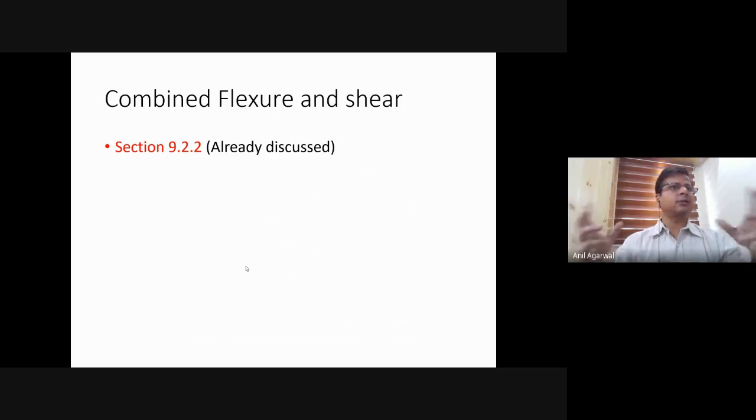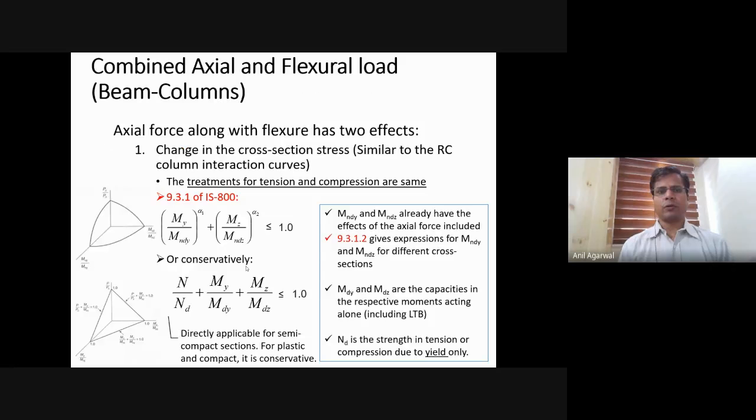In theory, you can say that you may have pure flexure, but in reality, through the length of the member, you will always have some shear somewhere. In such conditions, we have already discussed how to design for combined flexure and shear. Moving forward, we talk about the possibility of combined axial and flexural loads.